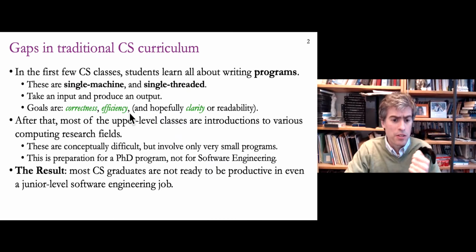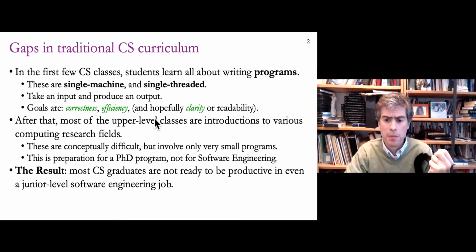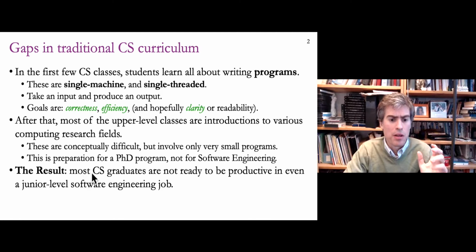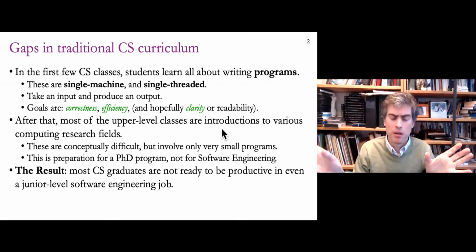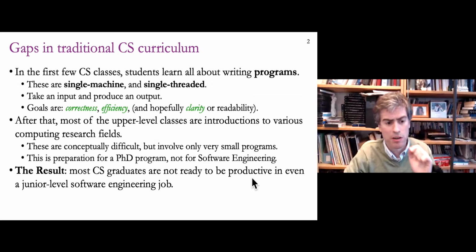Correctness and efficiency are important, and this class is also going to be about efficiency, but a different kind of efficiency. After those introductory programming classes, up to, let's say, the data structures class that is kind of universal in computer science curricula, the upper level classes tend to be introductions into different areas of computing research. So you start to specialize and go off into different areas.